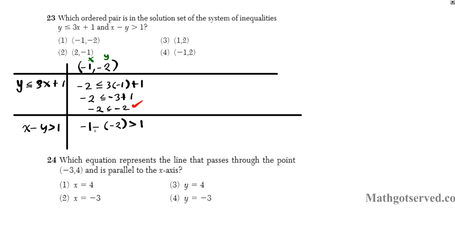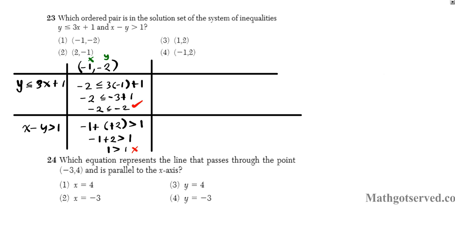Multiply these two minuses, slash and dash, minus times minus is plus. Is -1 plus 2 greater than 1? -1 plus 2 is 1. Is 1 greater than 1? Absolutely not. 1 is equal to 1. So this point does not satisfy the second linear inequality, hence it's not in the solution region.